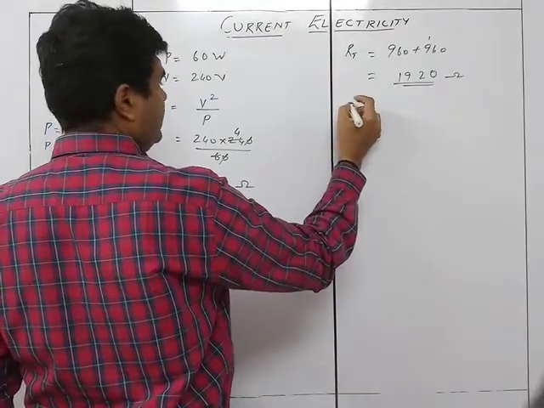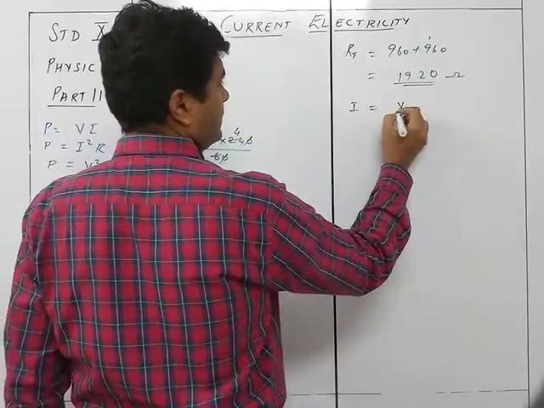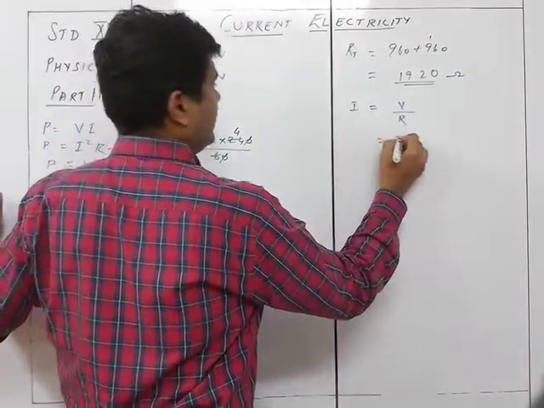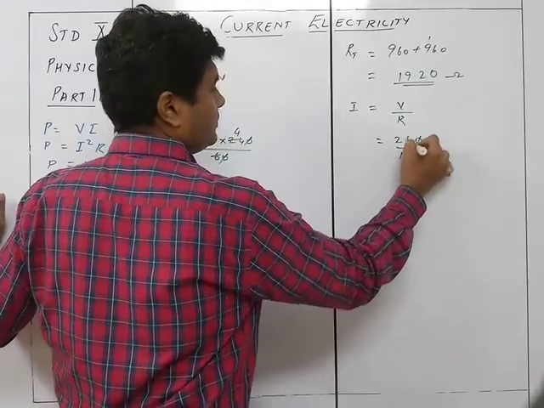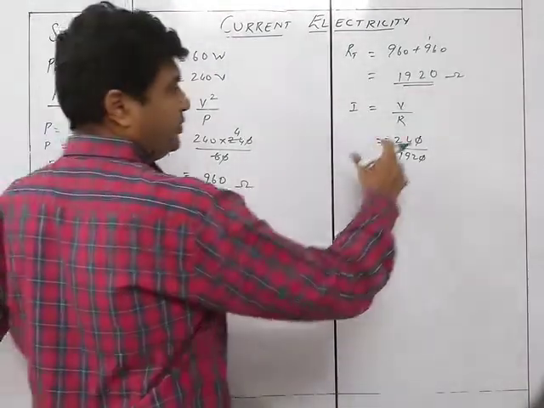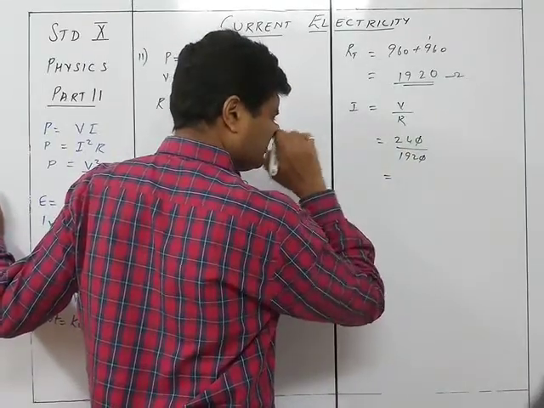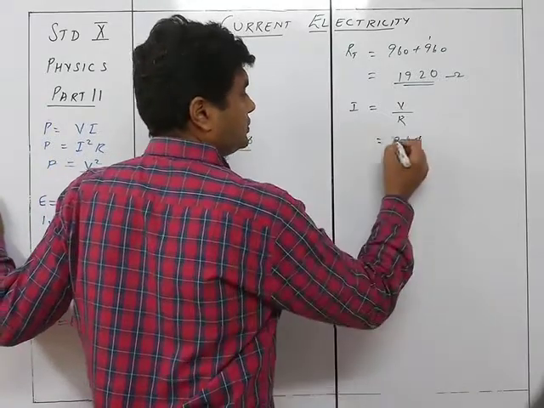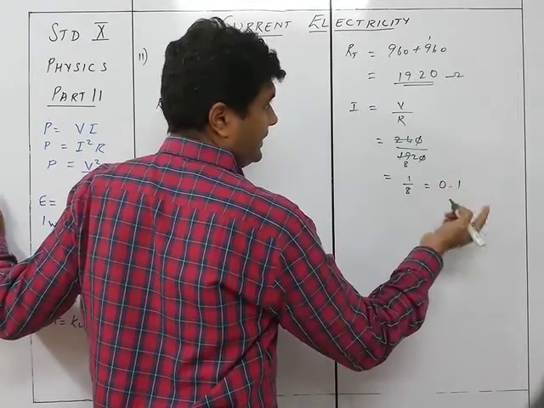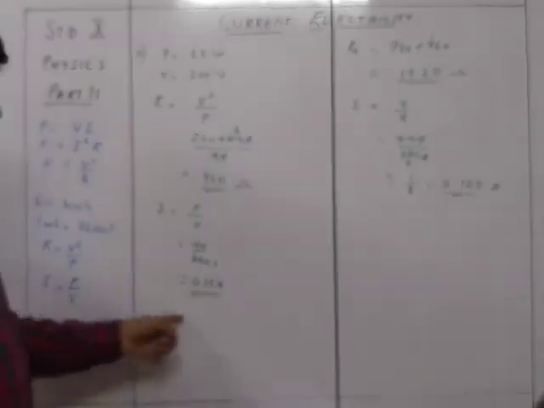So the current I will be V upon R, 240 upon 1920, which is 1 upon 8, that is 0.125 ampere. So you can see the current has become half.